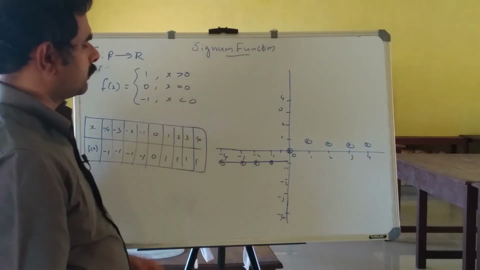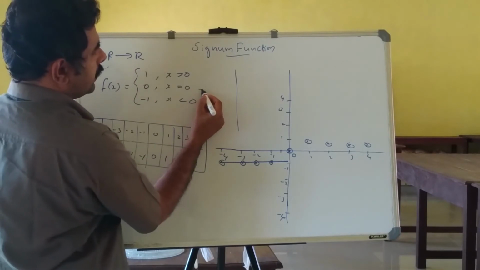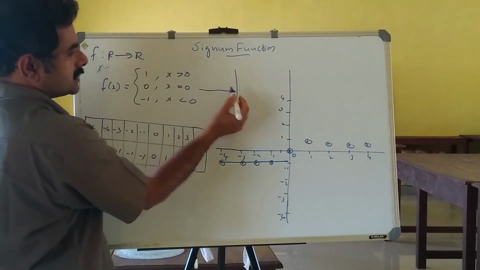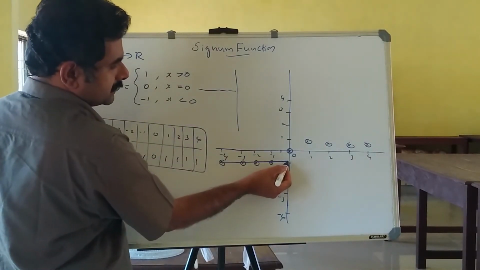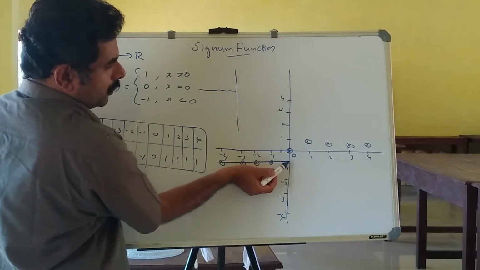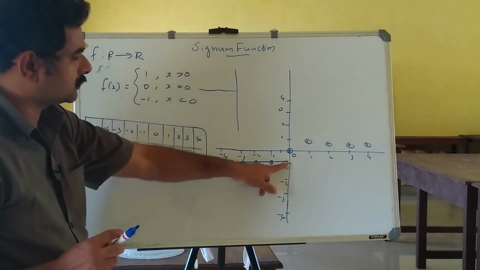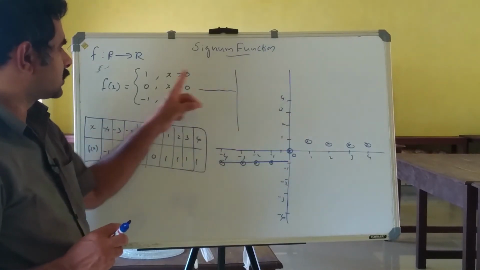You draw the straight line up to the y-axis but do not touch it, because if you touch the y-axis, then the y value becomes minus 1 for x equal to 0. That is not correct.